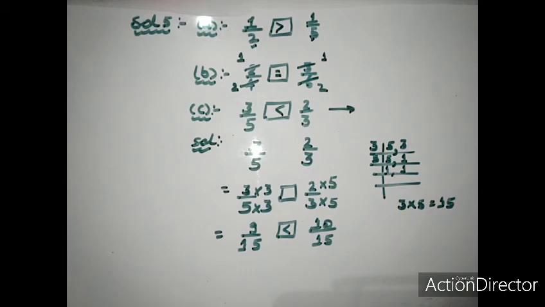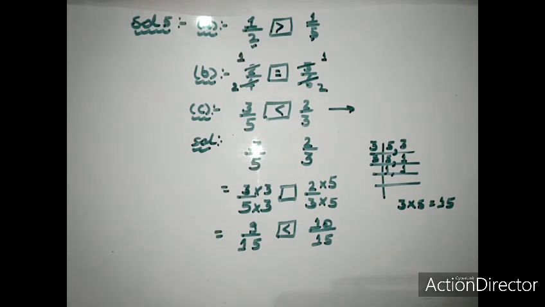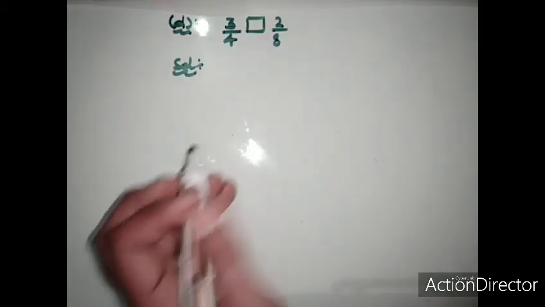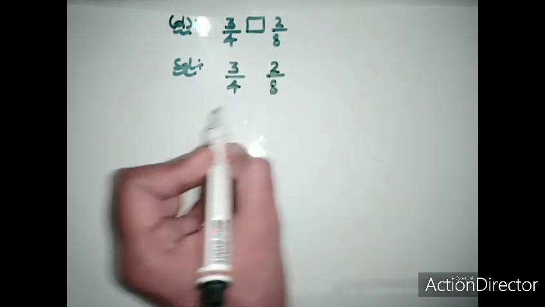Now students, if there is any other question related to this concept, we apply the same rule and write the complete solution. Now here we take another example. We write 3 upon 4 and 2 upon 8.